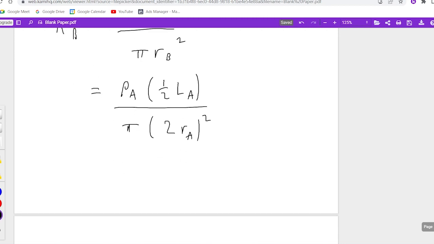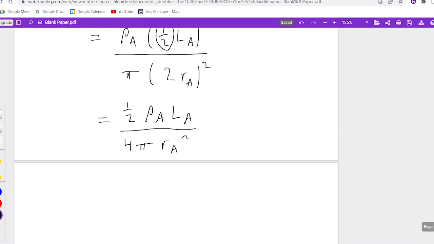There's a very good reason why I'm doing this, but first I'm going to simplify. So this is pulling this 1/2 out in front. I've got 1/2 rho A LA divided by 2 squared is 4, so 4 pi RA squared. And yes, we can reduce the 1/2 and the 4. That's going to reduce to an 8 in the denominator, so it's really 1/8 rho A LA over pi RA squared.